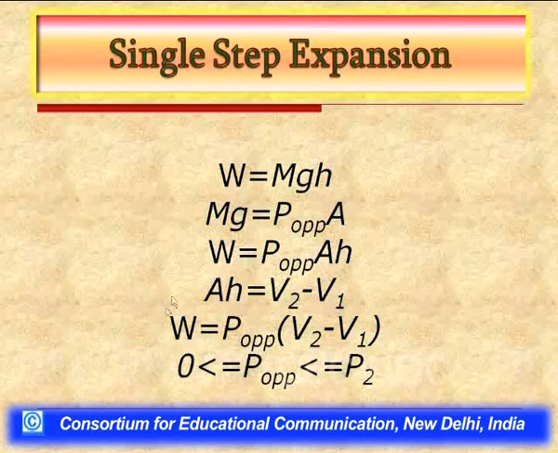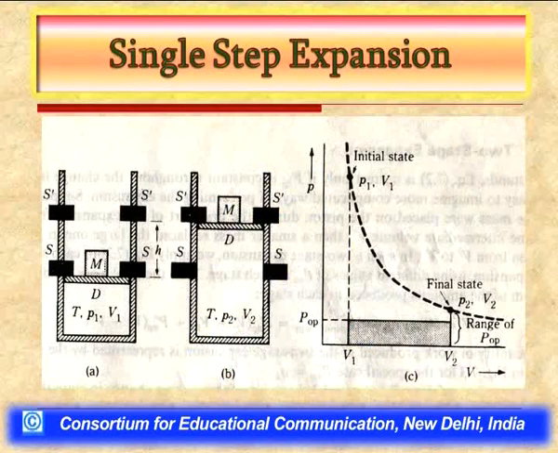So with this substitution in the third equation, we get the work equal to P opposing times the difference in volume, the final volume V2 minus the initial volume V1. This is how we get the value of expansion work.